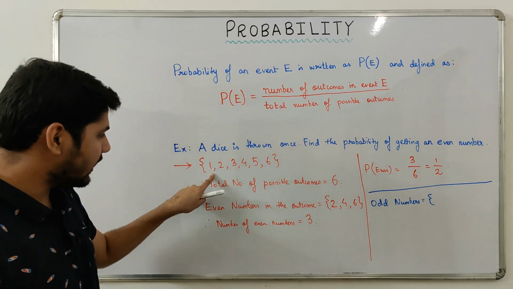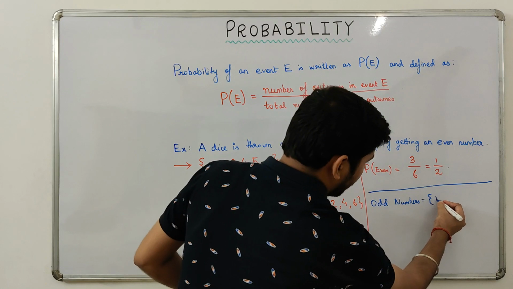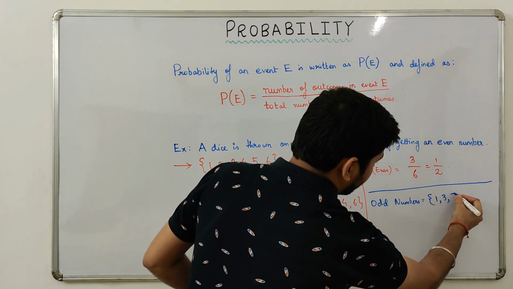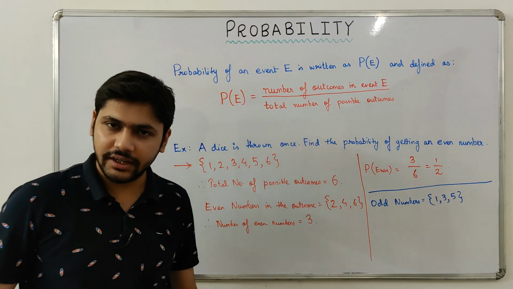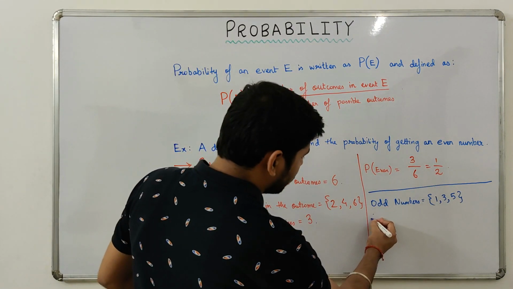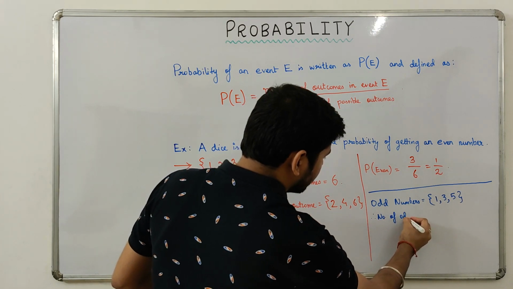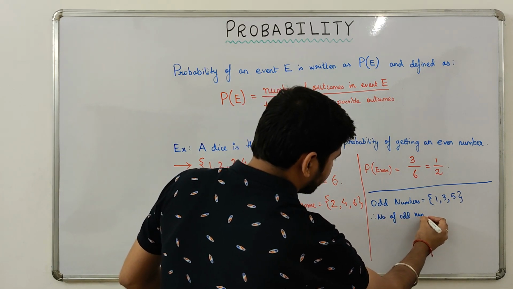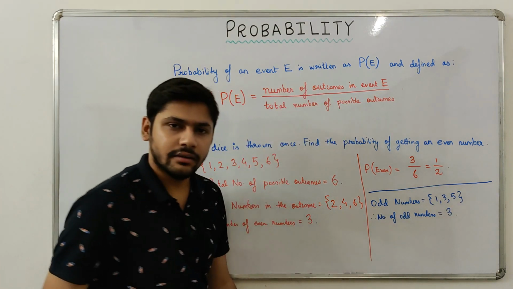We have 1, 3 and 5. Simple. So 1, 3, 5. Therefore the number of odd numbers is equal to 3. Easy.